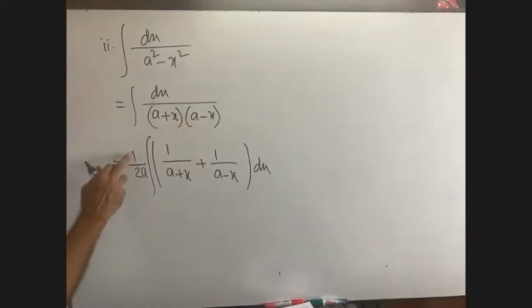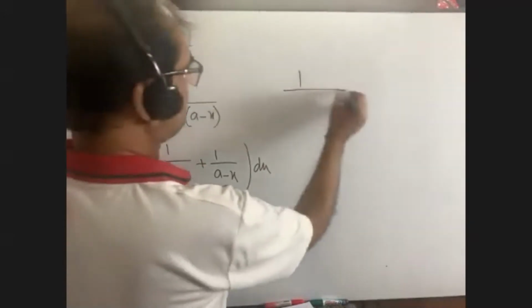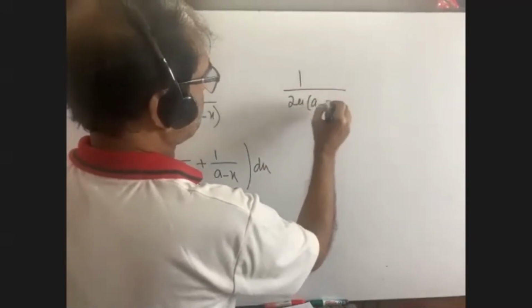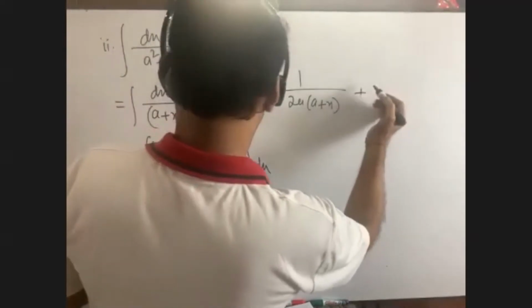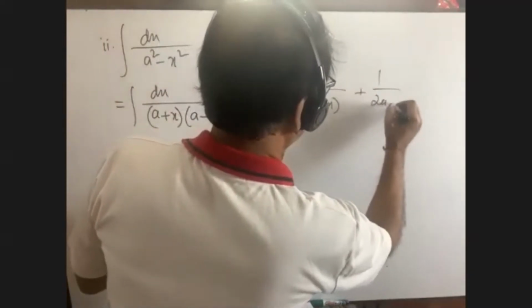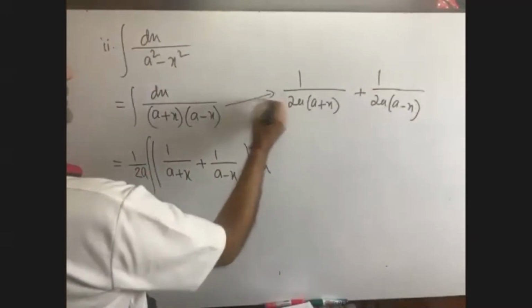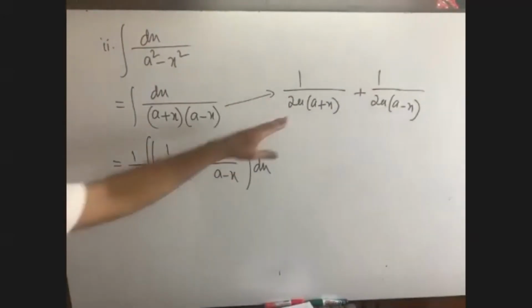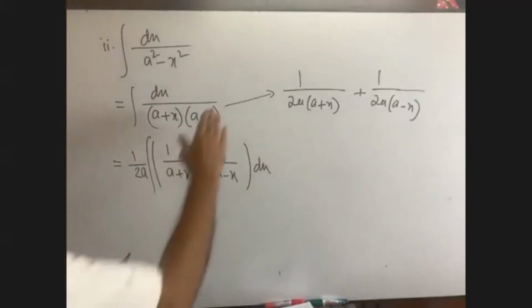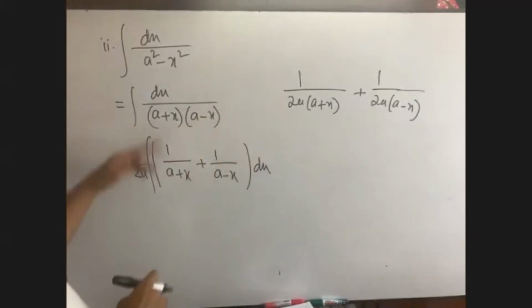This is the question with 1 by 2a. Our answer will be like this: 1 by 2a, (1 by a plus x) plus 1 by 2a, (1 by a minus x). This is the partial fraction of this part. And 1 by 2a has been taken common, but we can write this at a time like this.